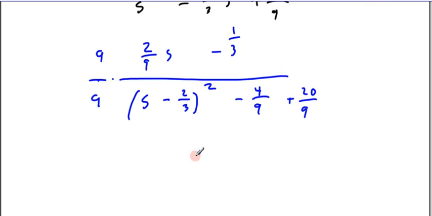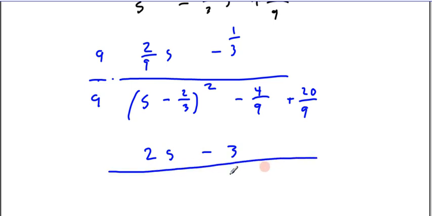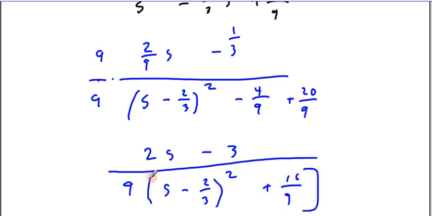Okay, so I'm multiplying by 9. And I get 2s minus 9 over 3, which is 3. And on the bottom, I get a 9. And I've got s minus 2 over 3 squared plus 16 over 9 times that 9.